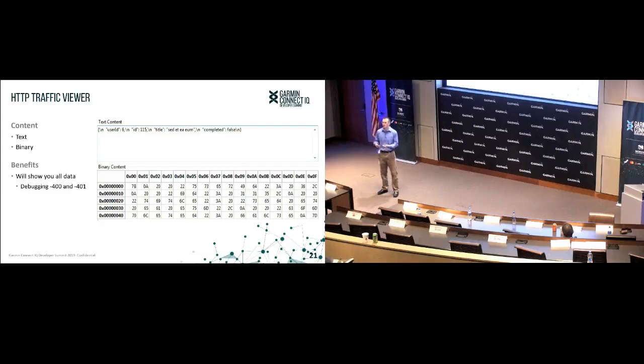Well, HTTP is XML, which isn't JSON, so you're going to get a negative 400 back to your widget instead of the actual return code because you have a malformed body. But this traffic viewer will let you actually see that XML that you got back instead of just a negative 401 with no explanation for what went wrong.